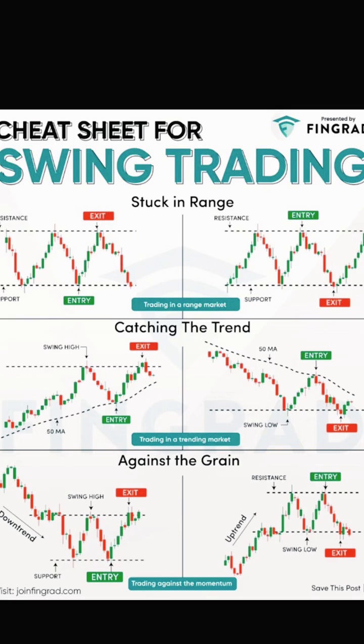I like to call it a ceiling, because if you jump really high inside your house, the ceiling would resist you. That's why I call the resistance the ceiling, and the support level the floor, because right now the only thing saving you from falling into the abyss is the floor. So you want to get in at the level of support and ride it to the level of resistance. It's super easy. It's not complicated at all.